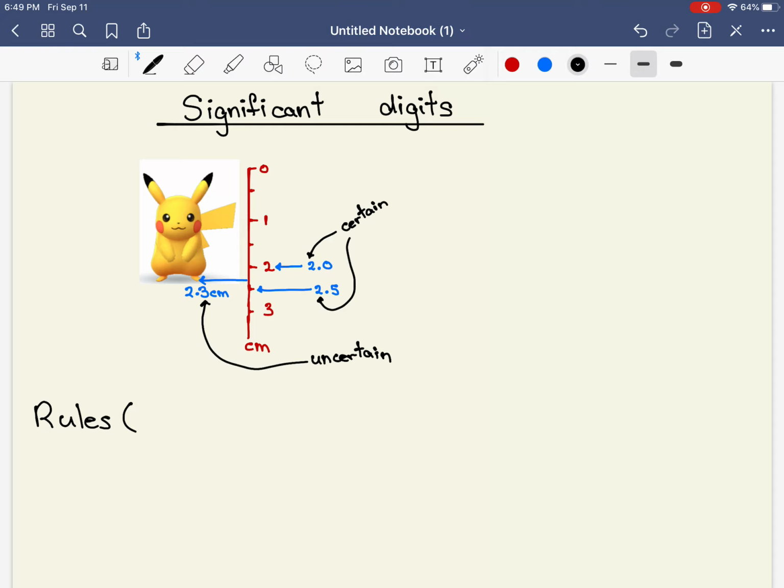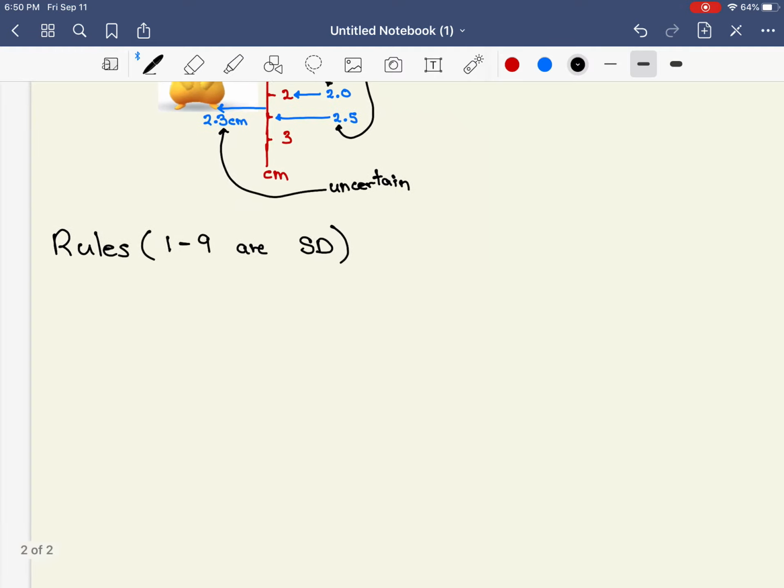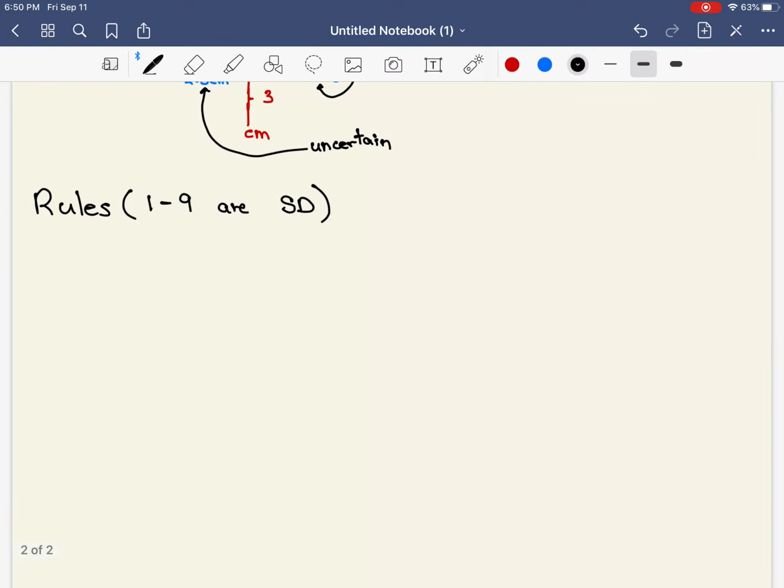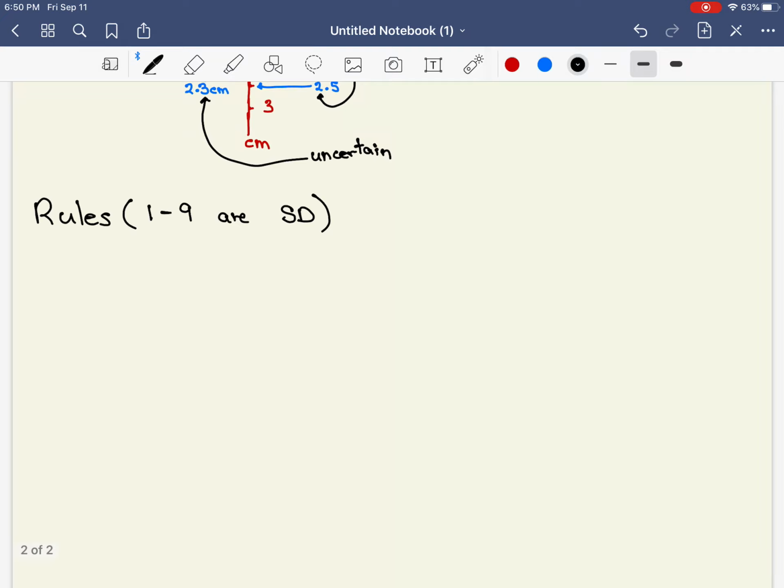And before I begin, just to let you know that numbers 1 to 9 are always significant. So they're significant digits. Let's call it SD. So since 1 to 9 are significant digits, the number 0 will determine something.